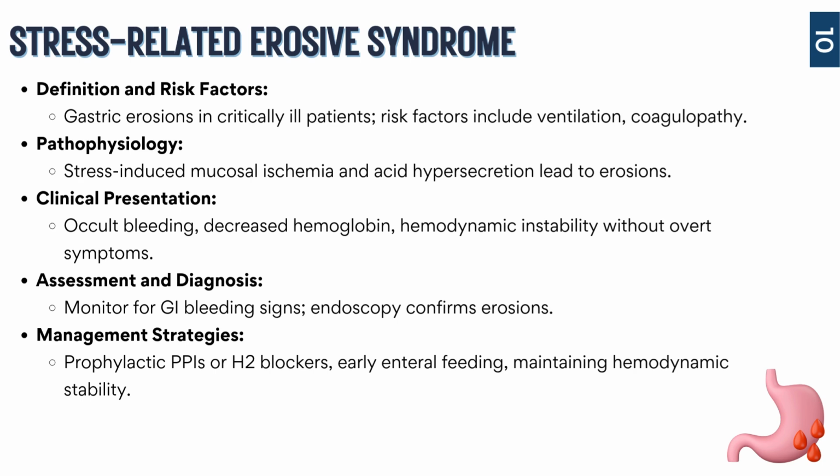Okay, so stress-related erosive syndrome. This is also known as stress ulcers. Have you ever heard of stress ulcers? Okay, well, this is the fancy term for it. What happens with this is that, especially in the critical care setting, patients can get this due to severe physiological stress like trauma, burns, or major surgery. The risk factors include mechanical ventilation, coagulopathy, so they're having bleeding disorders, and or hypotension.